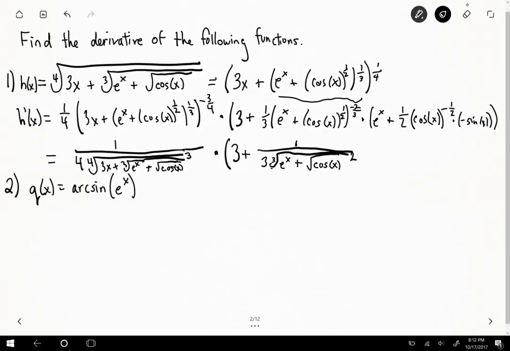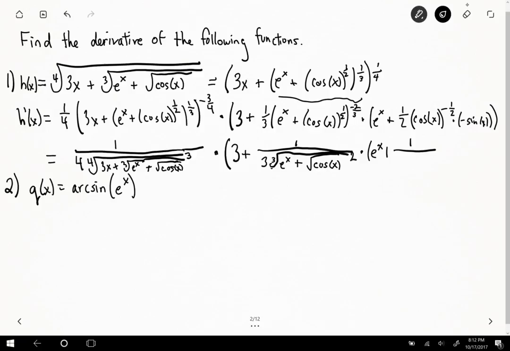And all of this last piece, notice not the 3, so I don't want to close off the parentheses, just this last piece is going to be multiplied by, let's make sure, the e to the x business. So you have e to the x. When you have cosine x raised to the negative 1/2, what that becomes is 1 over 2.